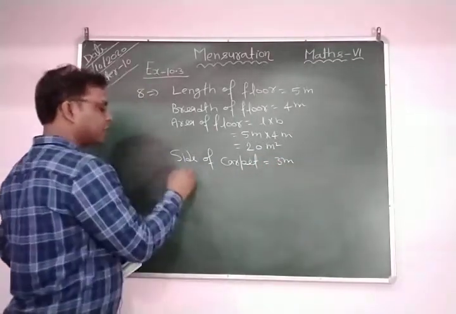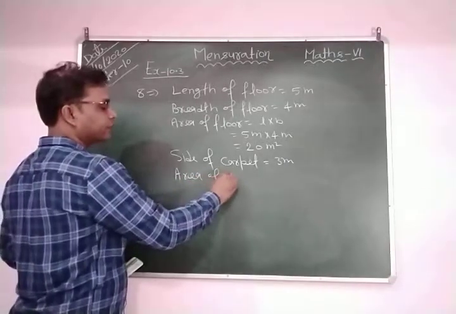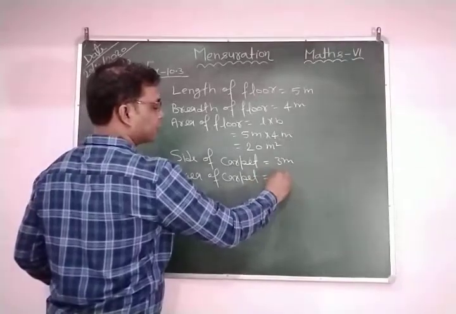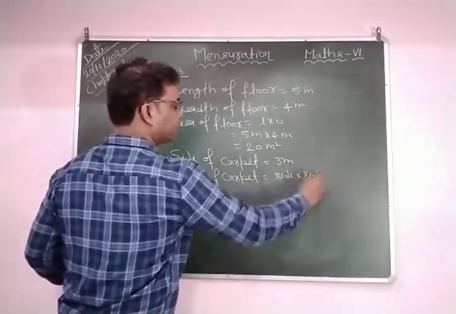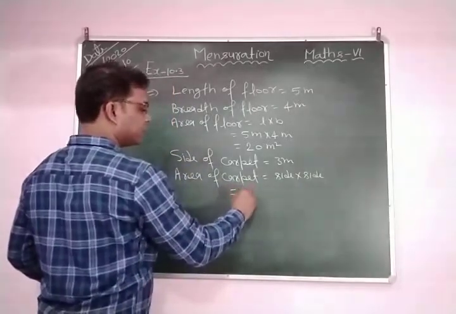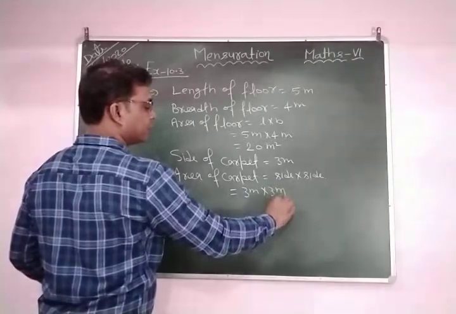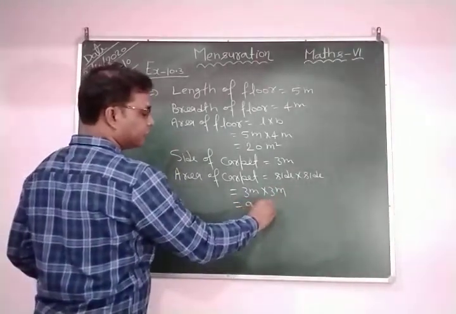So area of carpet is equal to side into side of carpet. Okay. So this is equal to 3 meter into 3 meter. So this is equal to 9 meter square.